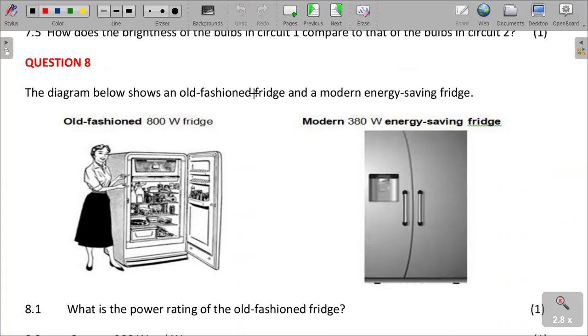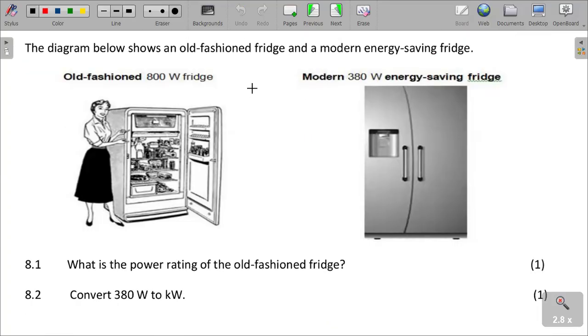The diagram below shows an old-fashioned fridge and a modern energy-saving fridge. We have got an old-fashioned 800 watts fridge and a modern 380 watts energy-saving fridge that are given in this case. So what is the power rating of the old-fashioned fridge?